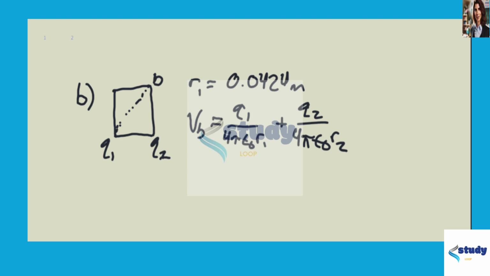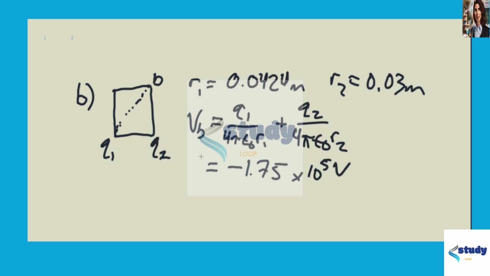But now R1 and R2 are different values. R2 is just the side of this square, the distance between Q2 and B. So this is simply 0.03 meters. And now you can simply plug in these values, being very careful that Q1 and Q2 are in microcoulombs, so you must convert into coulombs. And you'll find that the value is negative 1.75 times 10 to the fifth volts. Okay? And the reason this is negative is because Q2 was actually a negative charge. So you get a negative answer when you plug it in.